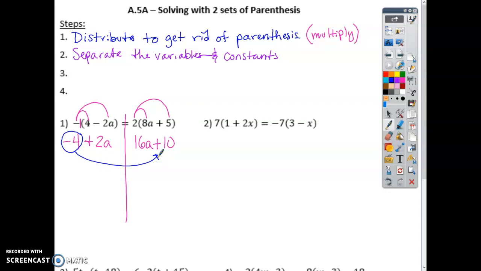And if you're saying that we want the constants on the right side, then I want the variables on the left side. Okay? And when you move them, you have to change the sign. Vamos a cambiar los signos. So this becomes a -16. So it's going to be 2a minus 16a.